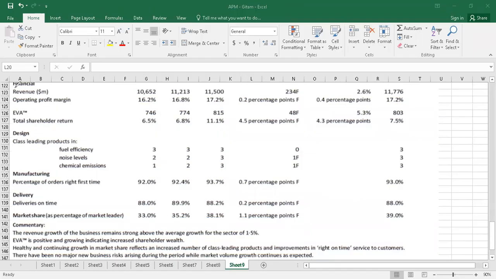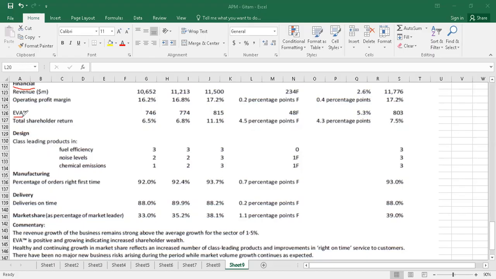The revenue is there, sales revenue is there. Then we see the operating profit margin is given. Then we see the economic value added. Economic value added is a concept which talks about how much wealth is available to the shareholders after meeting all the expenses and the cost of capital. Then what is the total return available to the shareholders, total shareholder return.